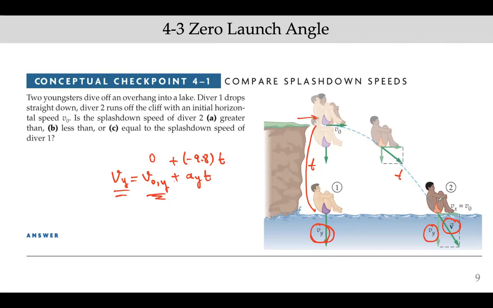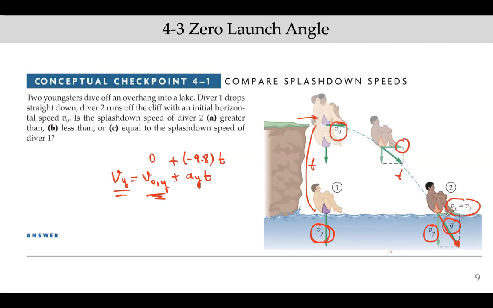But for the second guy, he also has the x component. It's the initial velocity in the x direction, and it never changes because there is really no force in the x direction. But when you calculate the total final velocity, because of this x component as well, even though the y's are the same, the final velocity will be longer than Vy.